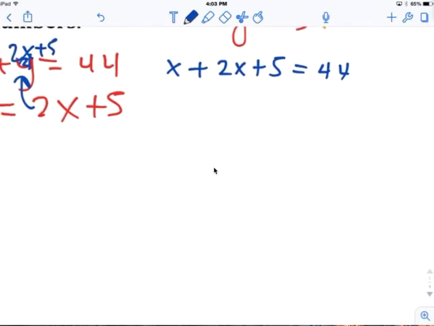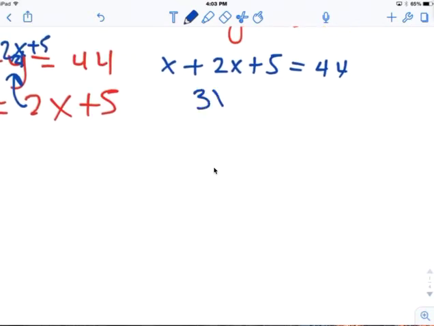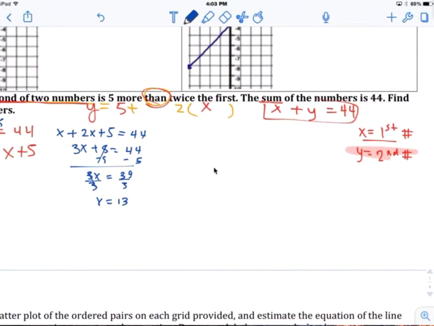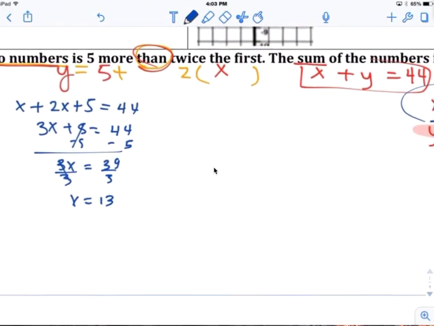I'm just copying it. Combine like terms: 3x plus 5 equals 44. Minus 5, minus 5. 3x equals 39. Divide by 3, divide by 3. x equals 13. x represents the first number, so the first number is 13.